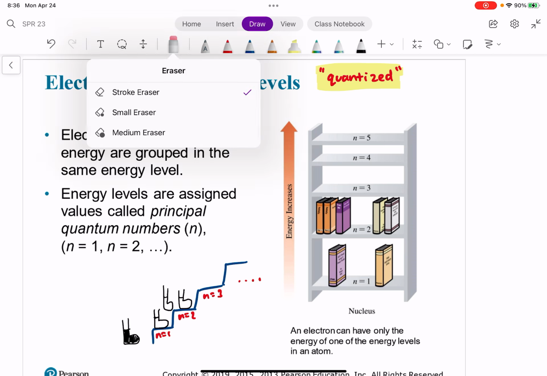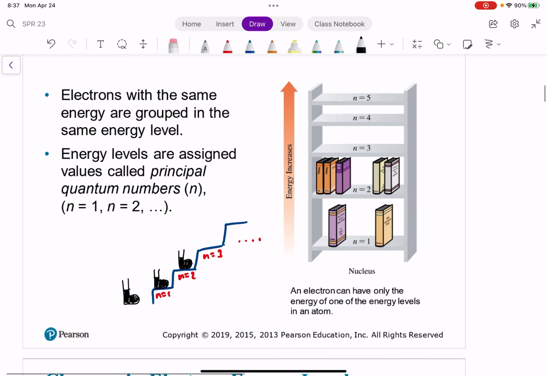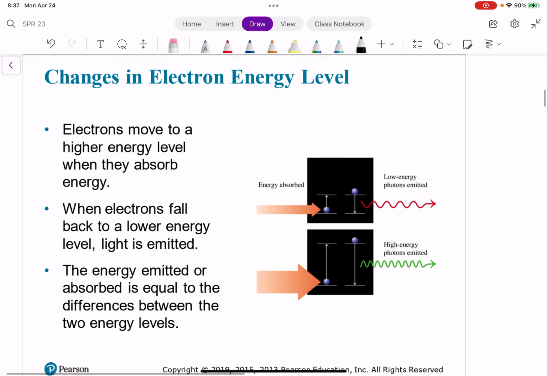You can only step on the stairs that actually exist. Electrons are the same way. They're quantized. Their energy levels are quantized, so they only populate those specific energy levels. All right, hope that makes sense.